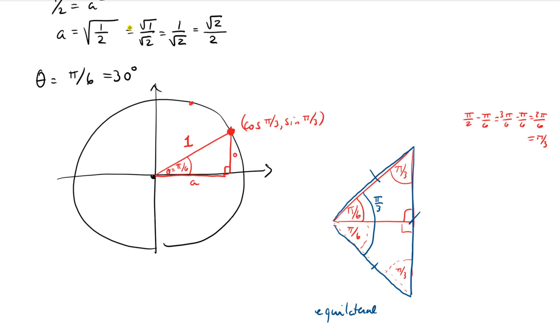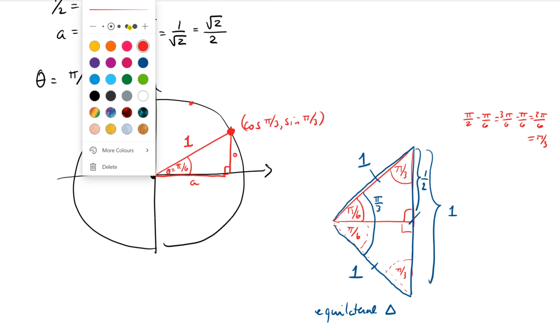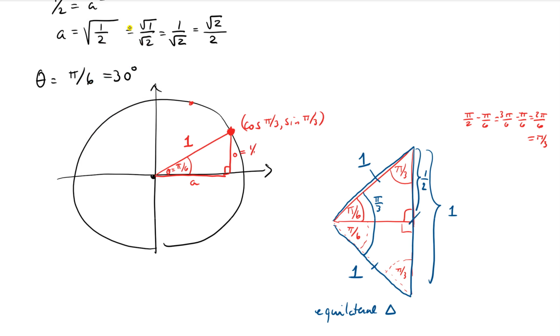Equilateral triangle. So all sides are equal. So in particular, that side was 1, remember? So this side is 1. So this side here must also be 1, which means that this side here must be half of it. So here we go. We've got a first value on our triangle. The opposite side turns out to be 1/2.